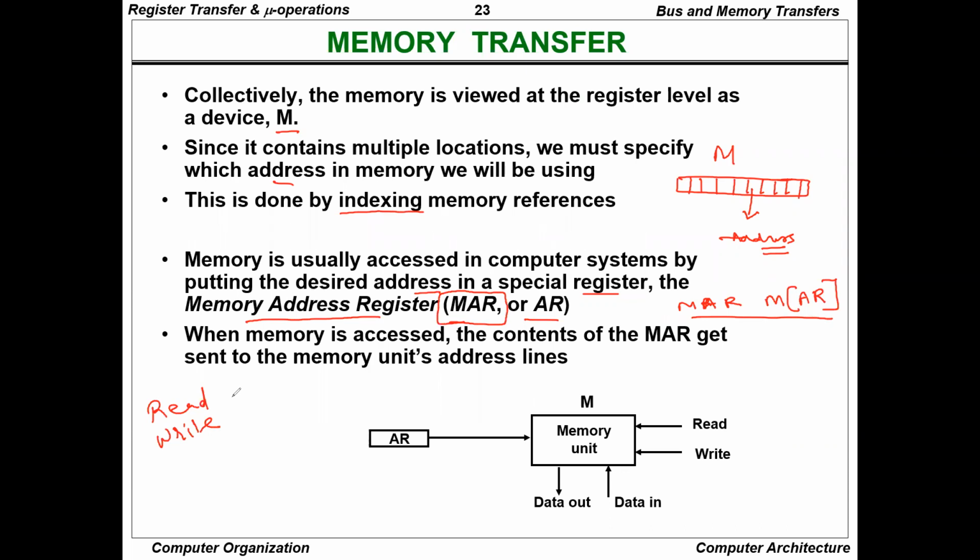When the memory is accessed, the contents of the MAR get sent into the memory unit's address line. Obviously, the address line can also be called the address bus. From here you can see that this is your address register. Whatever address comes, it reaches the memory unit and we transfer it to the memory unit. Then you have data out, data in, read and write lines.